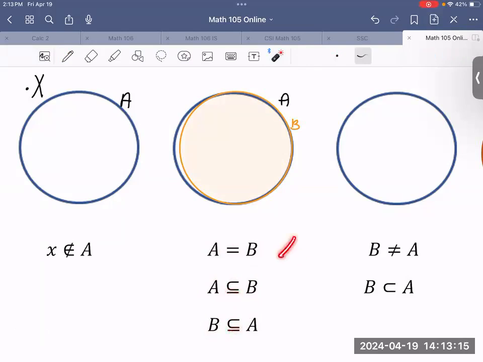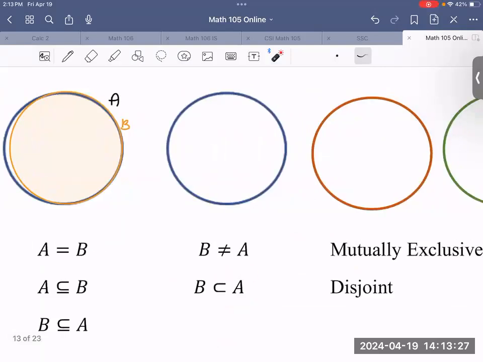How would you read this or this? Less than or equal to, greater than or equal to. This is just that their subsets are equivalent sets. Whereas if we're talking about the opposite, notice that B and A are not equal, but B is a subset of A. B is found within A, being inside of it.